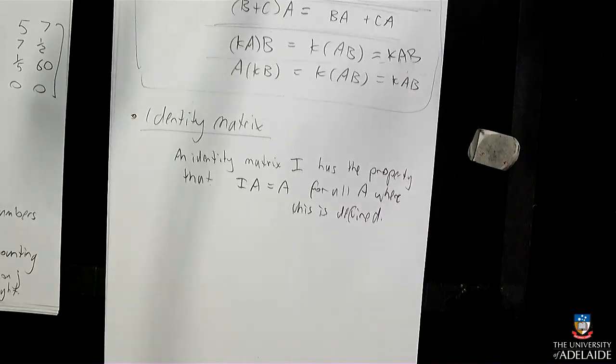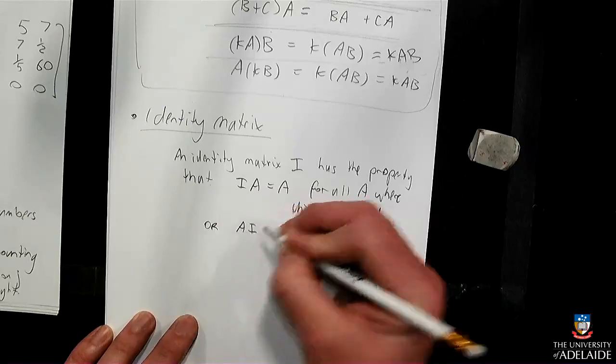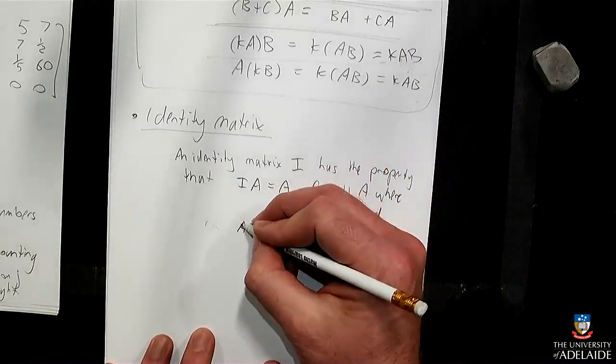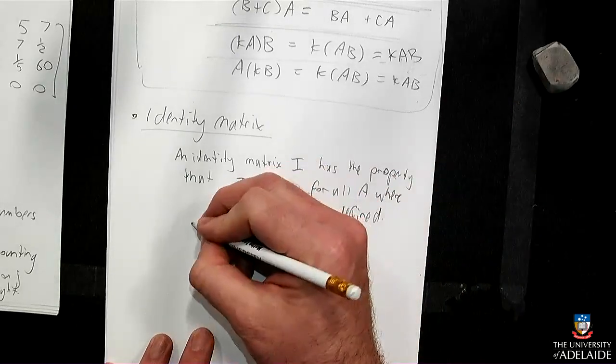So that's an identity matrix, and I say an identity because there's one for all different sizes. There's one that works for matrices that have two columns. It also works this way, AI is A for all A where this is defined too. So I should just put a B here to show that there might be different matrices.